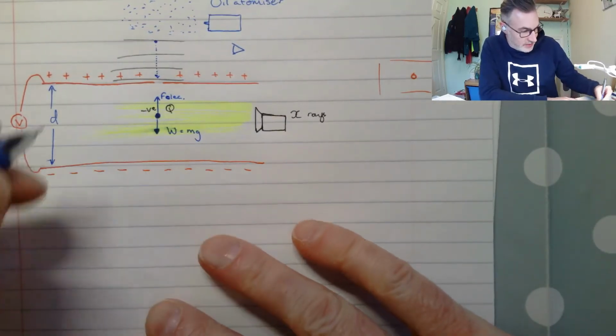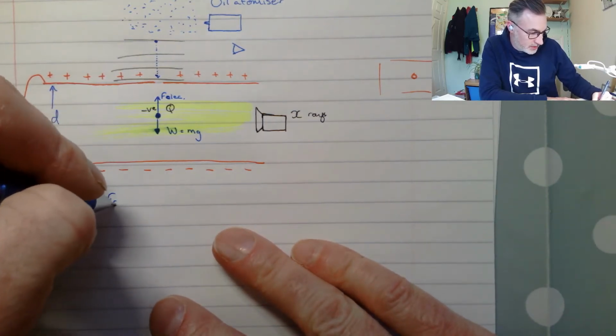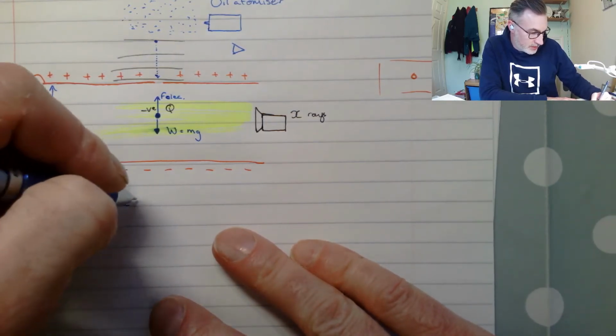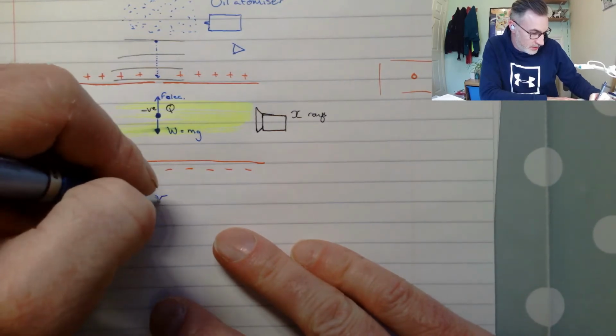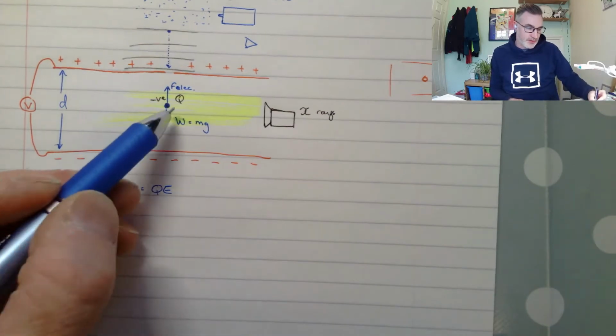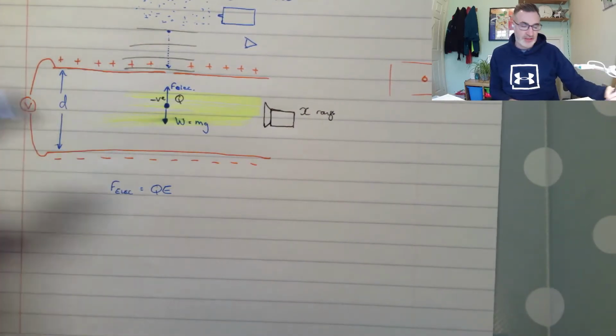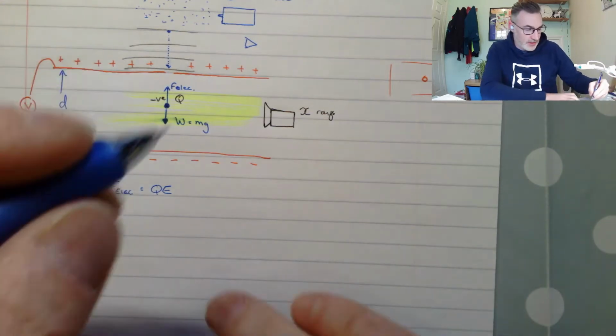And the force from the electric field, so force electric, we know is QE, where Q is the charge on the oil drop and E is the electric field strength that's created from this. And how do we know what the electric field strength is?